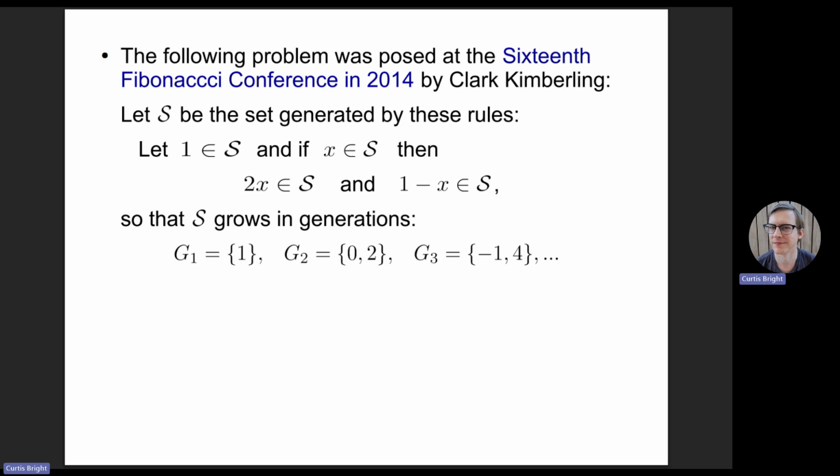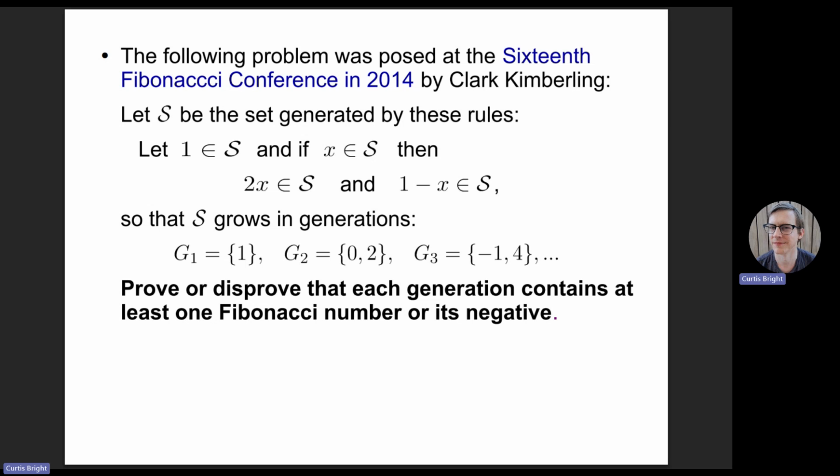We can take G2 and double anything in there. That gives us 4. We can do 1 minus anything in there. So 1 minus 2 gives us negative 1. 1 minus 0 gives us 1, but 1 already appears in G1, so we're only adding in new elements to the set.